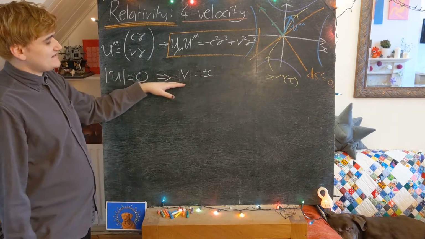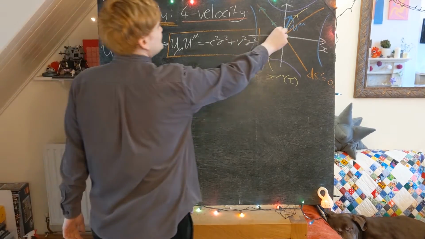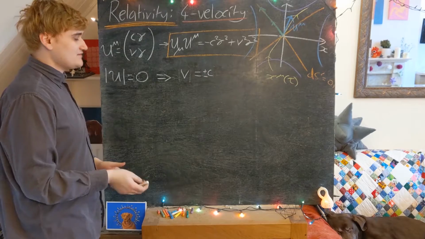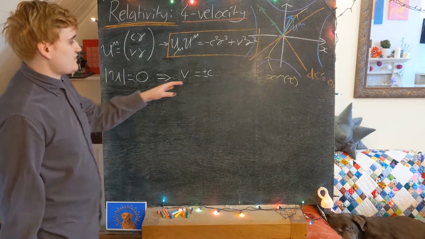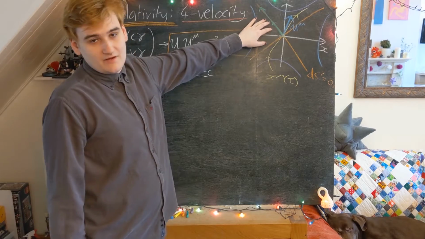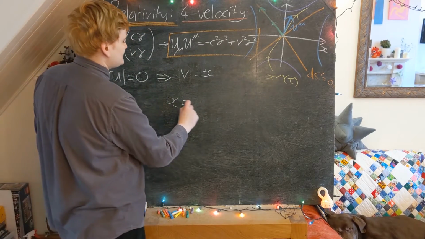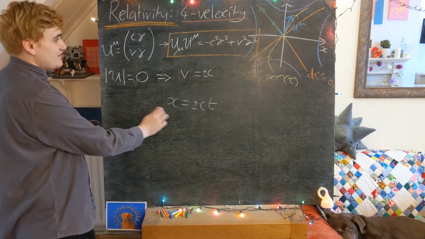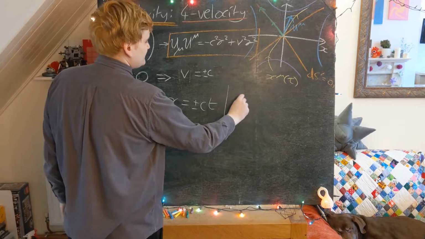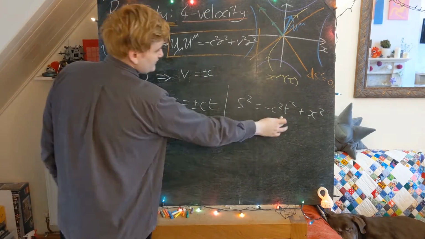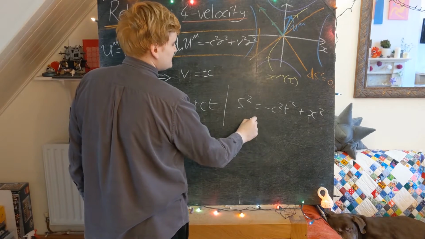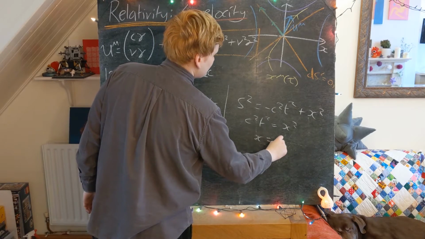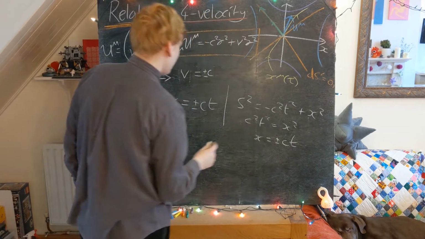And now we can just really easily see that a full velocity vector that points along these two lines that are at 45 degrees is going to have to be the line x equals plus or minus ct, because, well, we could have realised this in a number of ways. We could have just taken our interval, set the interval equal to 0, and then just realised that c squared t squared is equal to x squared, or that x is equal to plus or minus ct.